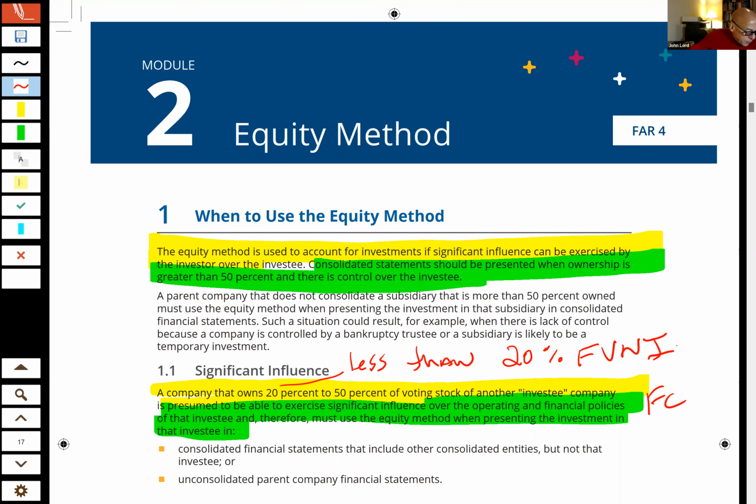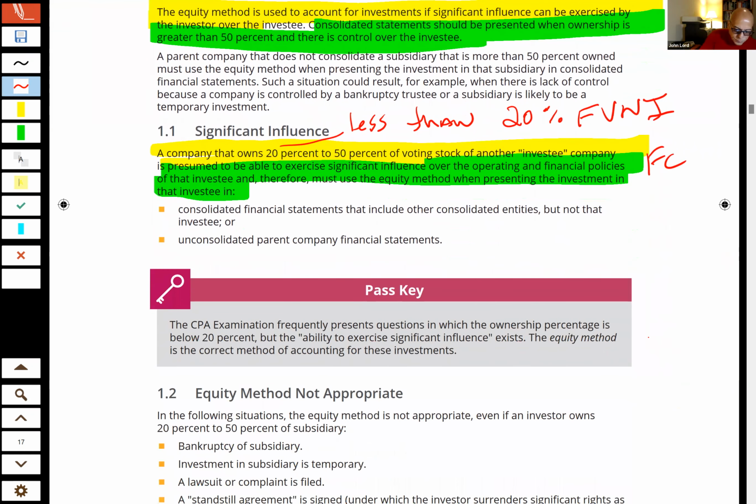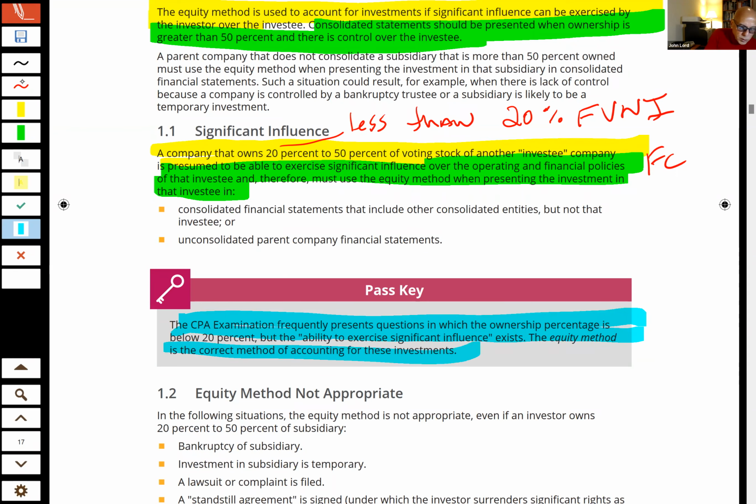Now they warn us down here that the CPA exam frequently presents questions in which the ownership is below 20%, but we still have the ability to exercise significant influence. If that's the case, the equity method should be used. Flashcard that because that's important.